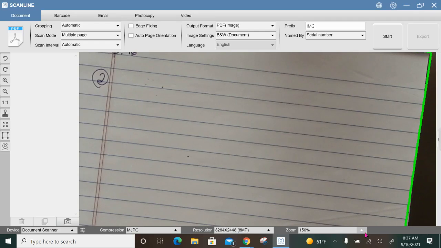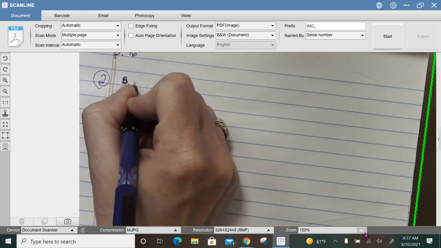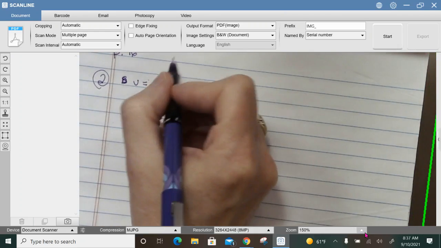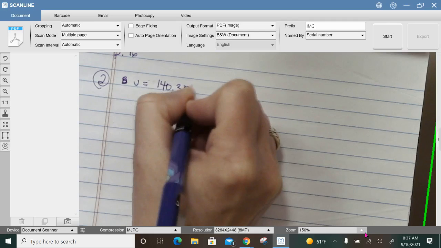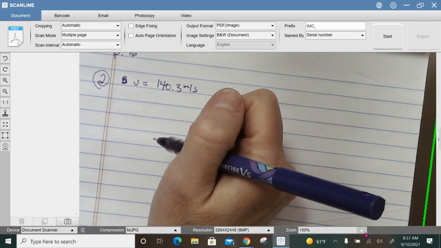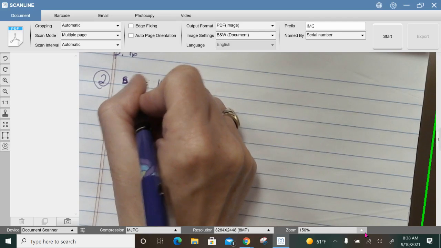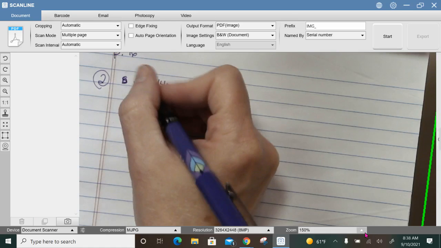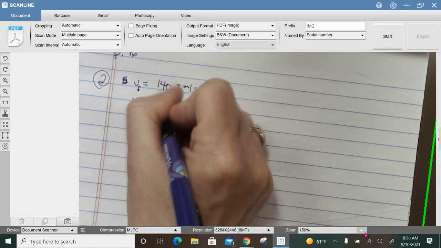All right, so let's make a list of what we have. We know his speed, or his velocity, is 140.3 meters per second. That's at the end, so that's going to be his final velocity. The car started from rest, so his initial velocity is 0.